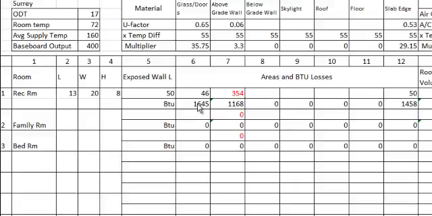Okay, so the exposed walls overall, we do need to add up our exposed linear length of exposed wall for the rec room. We have a room dimension of 13 by 20, but we also have that small inset that is open through the sliding glass door.